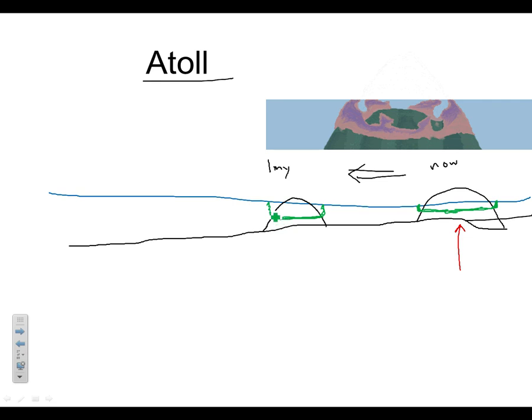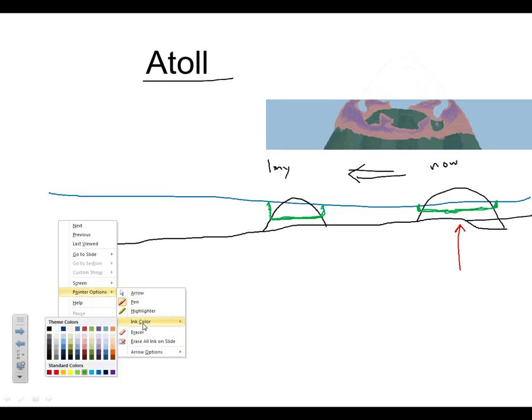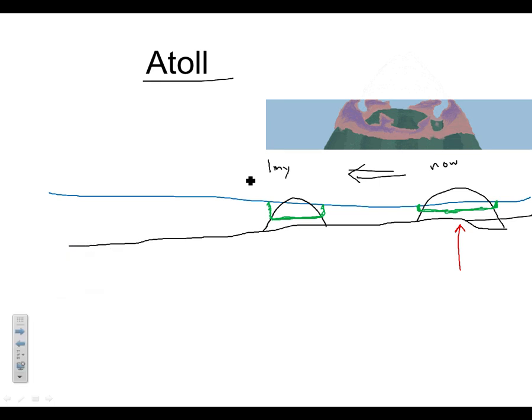So I have my coral being taller, and you'll notice that I have a bigger amount of water here. So smaller island, more water, and then my coral ring. Hopefully you can figure out what the next one is going to look like. So I'm going to go again another million years into the future or so. 2 million years in the future.